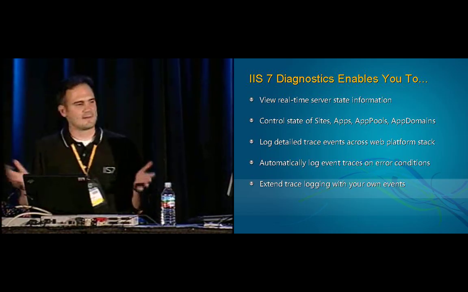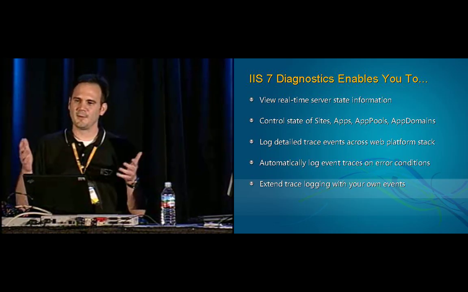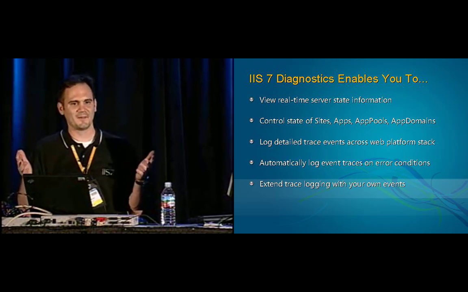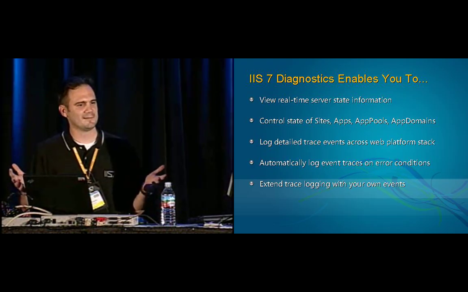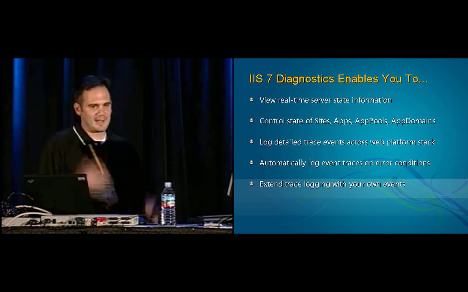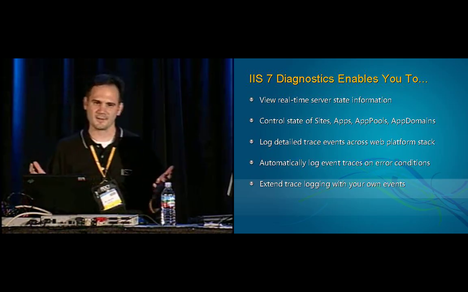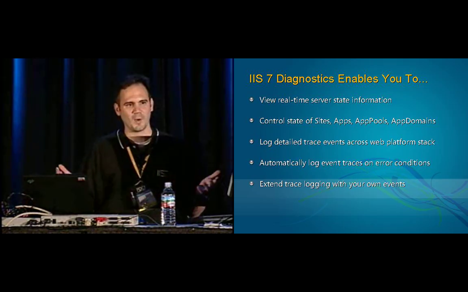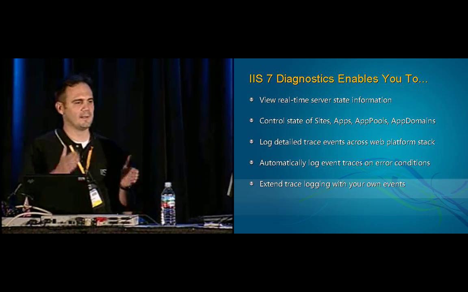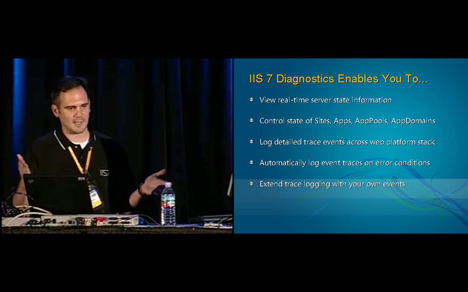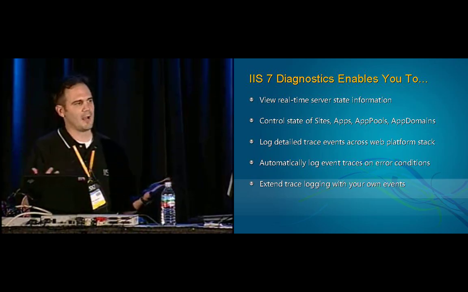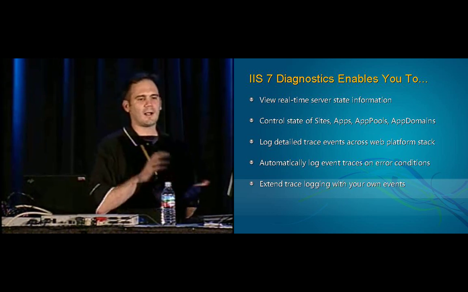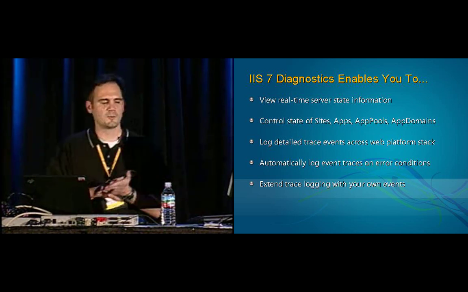Like CPU goes to 100%. W3WP is taking all the CPU. What's going on? Or randomly I start getting server 500 errors. And who knows why. And it's really hard to pinpoint where in the request processing cycle the problem is happening. So we're doing a couple of really important things to make this much better with IIS 7.